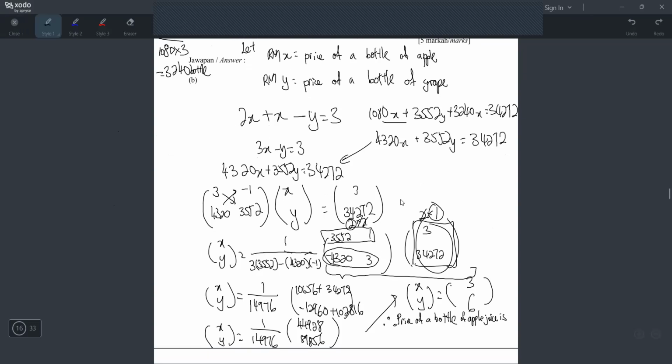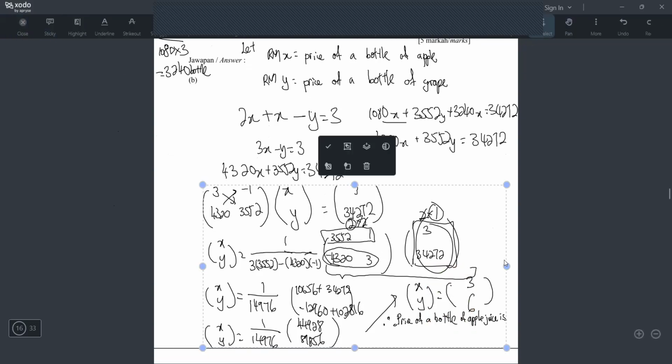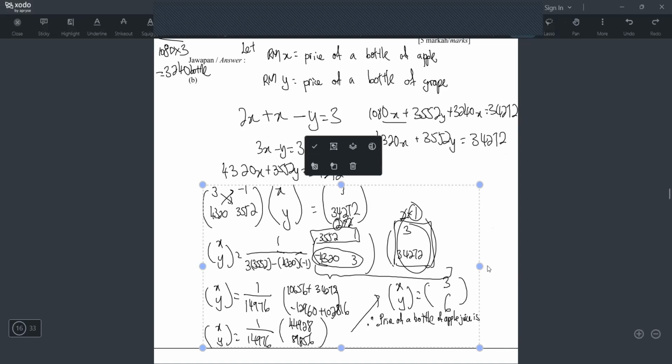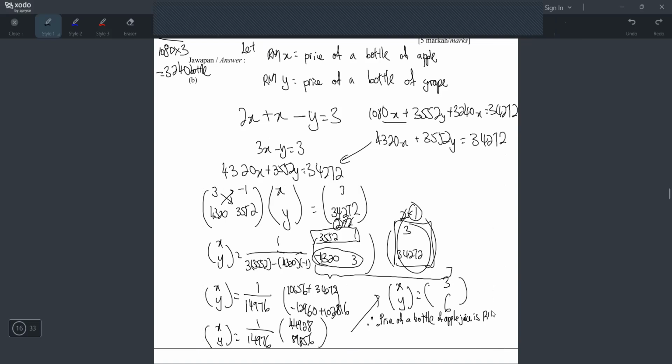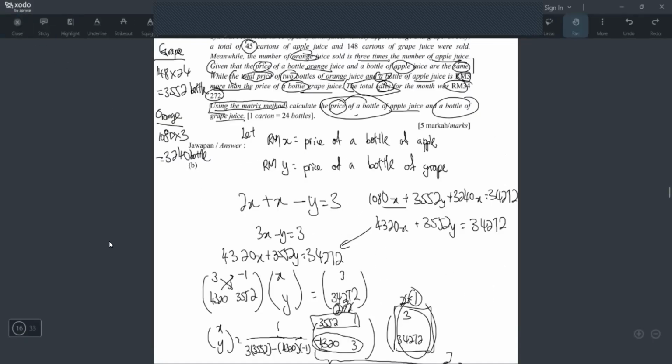Price of X, right? So it's RM3. But this one not enough space. Okay, like this. So it's RM3, and then comma, and then price of a bottle of grape juice. Make sure you write this in the exam. In the exam you have to write like this. Is RM6. I think that would be the answer.